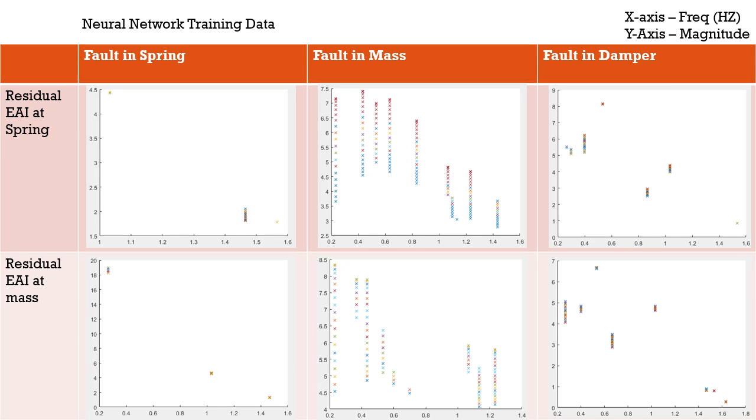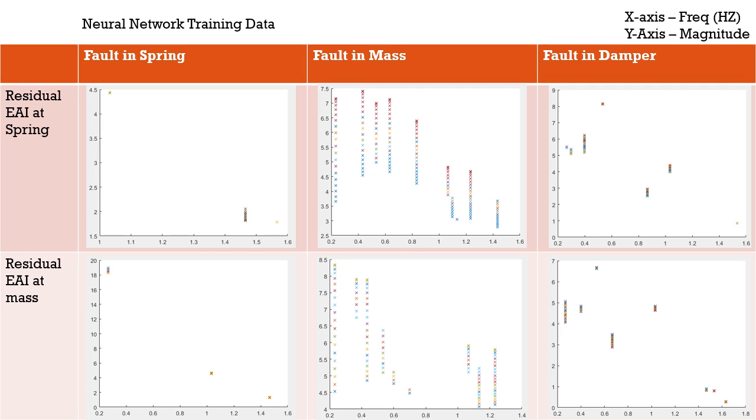The figures show the Fourier transformation of the residuals for energy activity index measured at different locations under faults at different locations. It can be seen that for every fault there is a unique signature in the frequency domain.